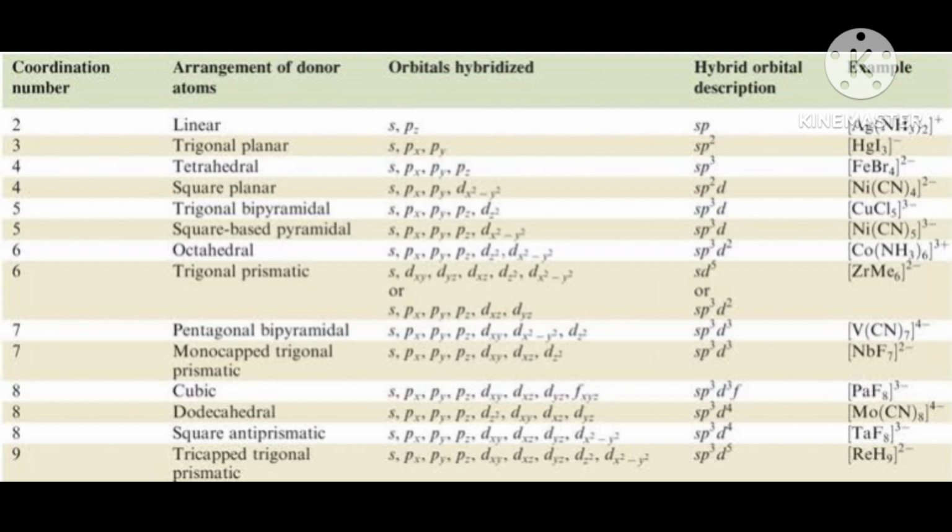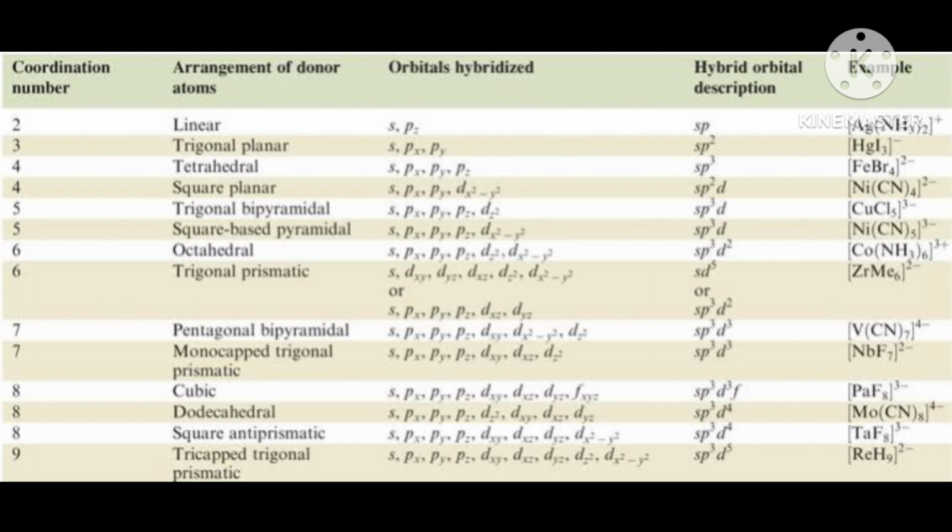Then only s and p, 3p and 1s, will take part in the hybridization. It will form sp3 hybridization. That is, in sp3 d is not taking part, s and p only, so it should be tetrahedral. And square planar is possible only if d takes part.